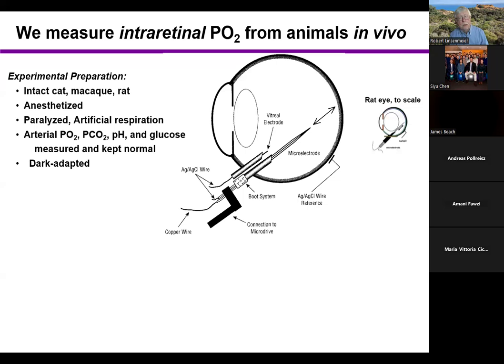The animals are paralyzed and artificially respirated, and that's important because it allows us to control the PO2, PCO2, pH, and glucose and keep them in the normal range so that we know that the situations are physiological. Most of our measurements are made under dark adapted conditions, but I'll talk a little bit about the effects of light as well.